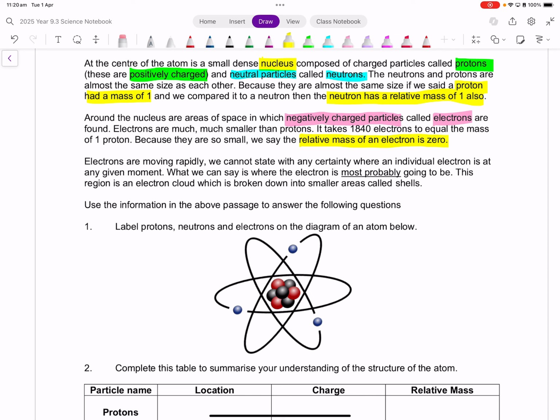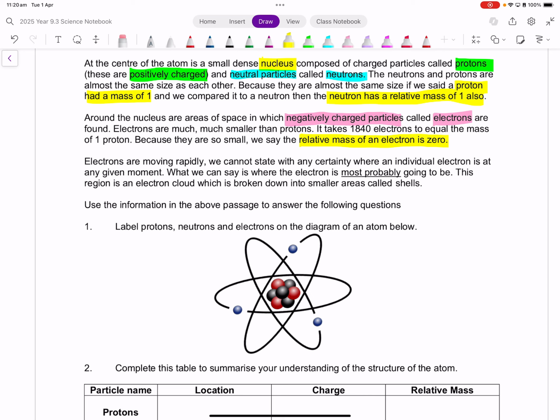And then what the electrons do is they spin. Now, if you were to look at any one fan blade as it's spinning, could you follow that fan blade around? Yeah? What if we increased it so that it was really, really fast? Could you still follow it? No. And so what we end up with is not so much electrons in any one spot, but we end up with a cloud, okay?